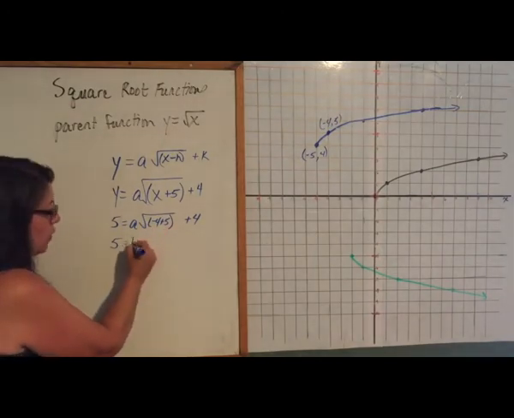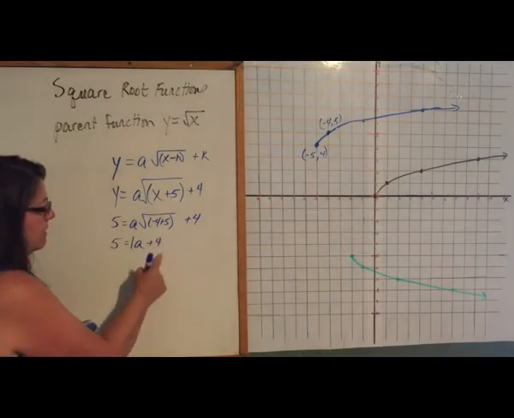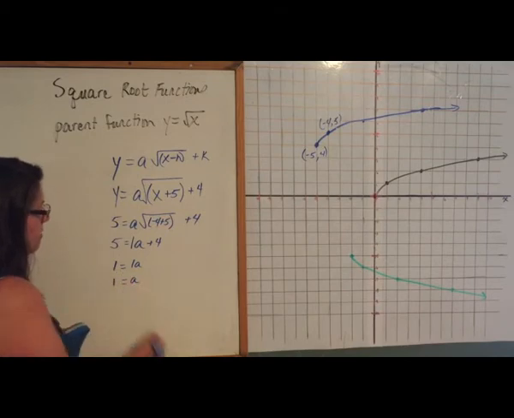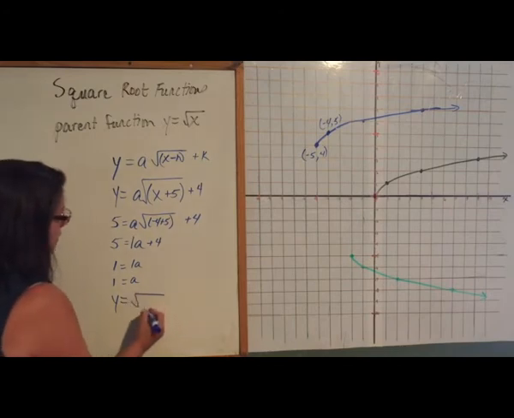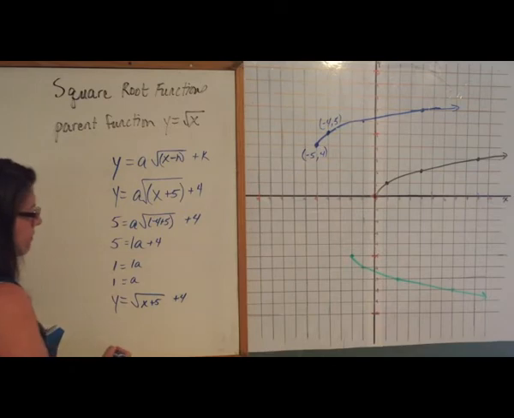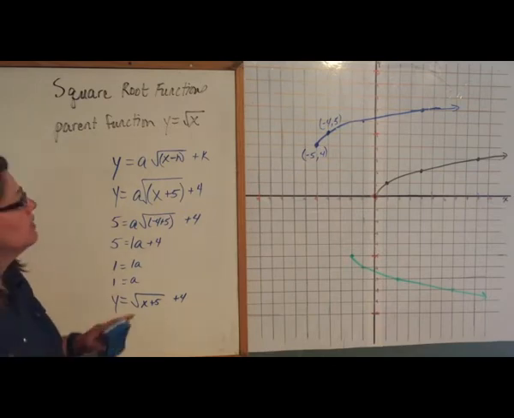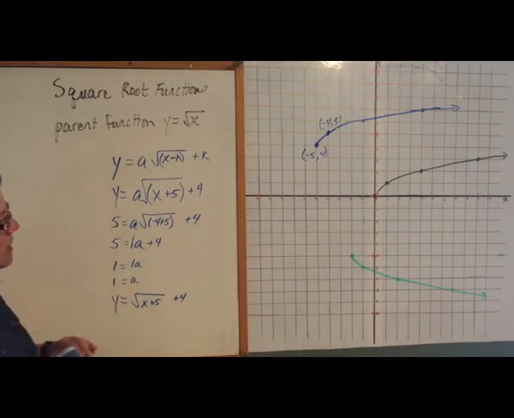Square root of 1 is 1. I can subtract the 4 over. So in this case, a is 1. That means the equation of that line is y equals the square root of x plus 5, plus 4. So it's pretty simple when a ends up being 1.